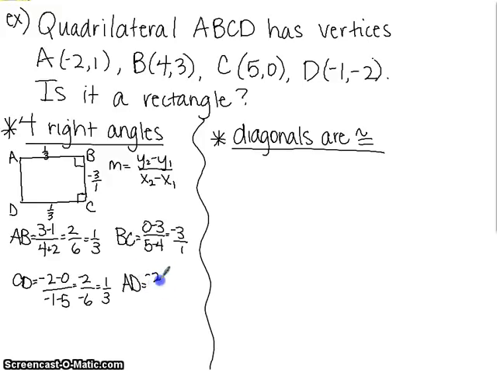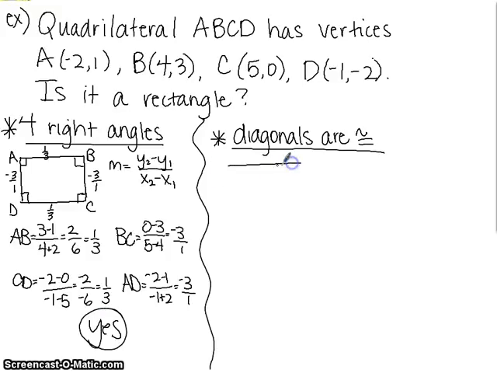Negative 2 minus 1 over negative 1 minus negative 2 is plus 2. So that's negative 3 over 1. Okay, so we just showed 4 right angles to show that it was a rectangle. That's one way you can do it.